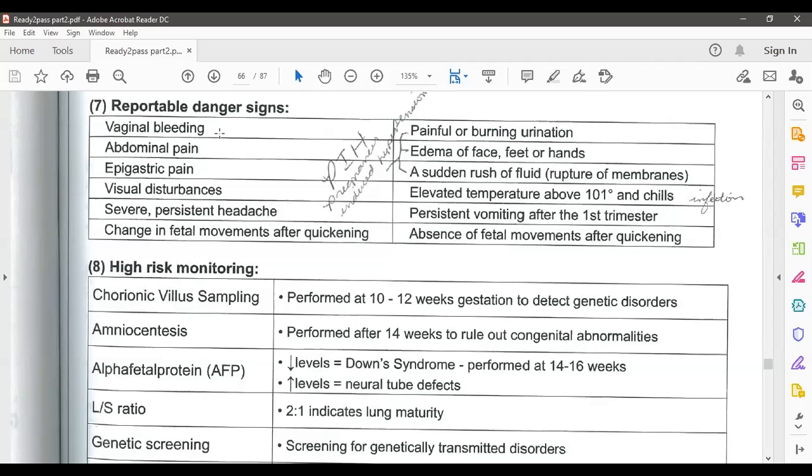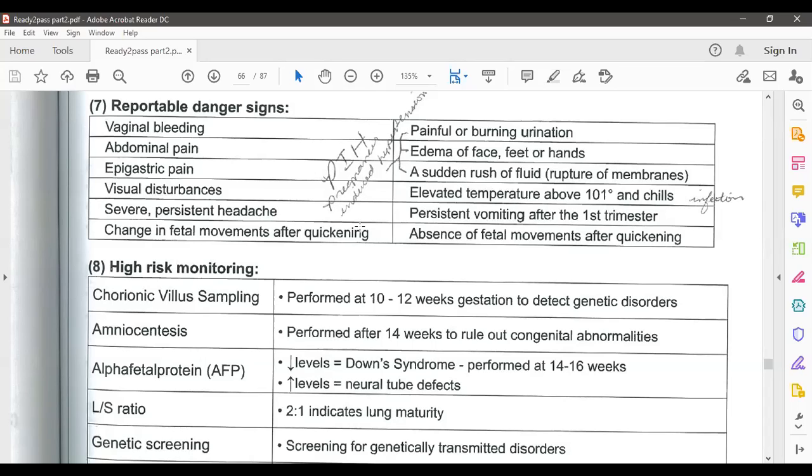If mother has sudden vaginal bleeding or lower abdominal pain, epigastric pain, or visual disturbance, very severe persistent headache, change in the fetal movement after quickening, or if the fetal movement is absent, we have to inform the healthcare provider.